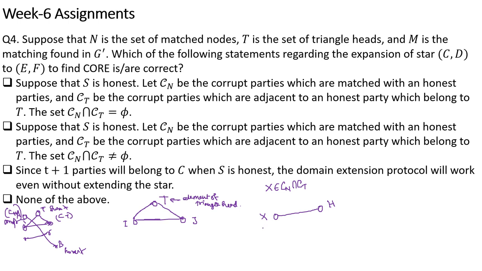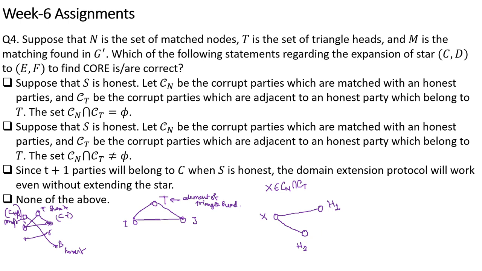So elements of Ct are adjacent to an honest party that belongs to T. So if X also belongs to T, it must be adjacent to an honest party, let's denote it H1.